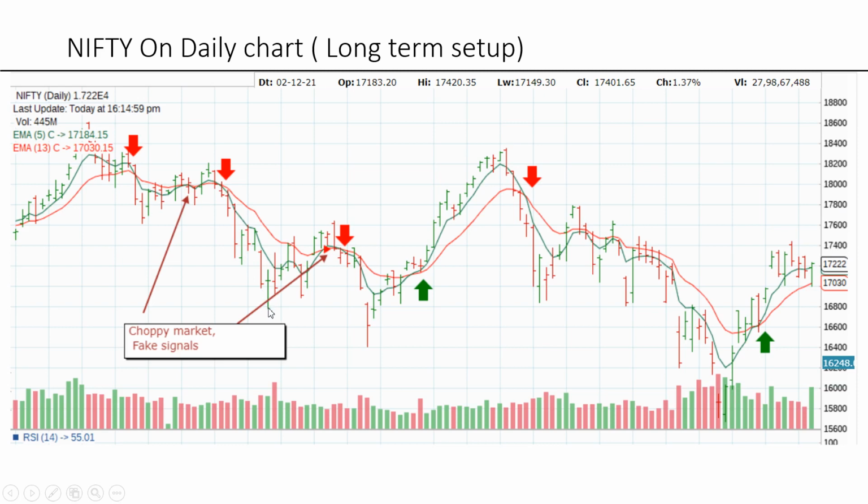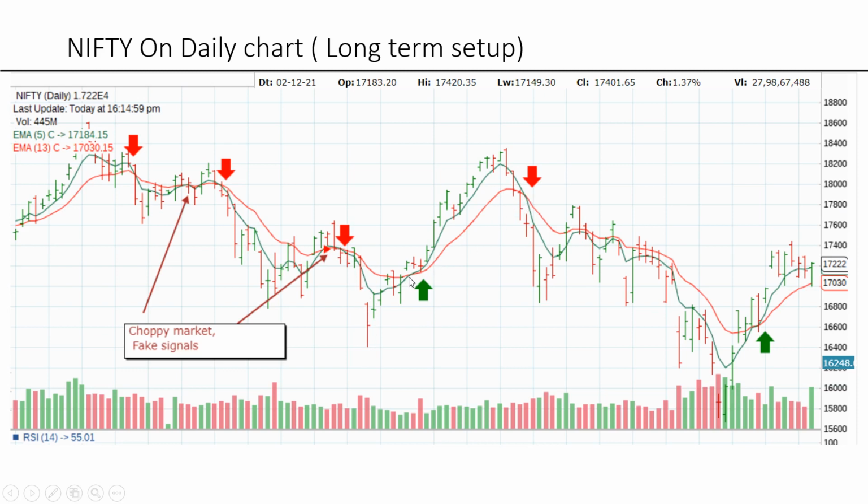So around 1,200 points, or at least 1,000 points of return on the downside. We see a second sell signal that formed around 17,400, and after that Nifty came down till 16,400, another 800 to 1,000 point gain, and one more in here.